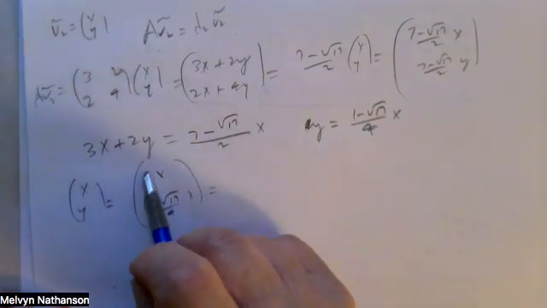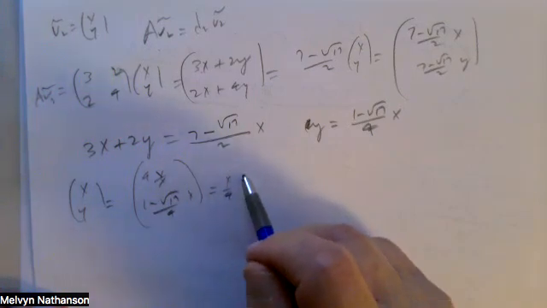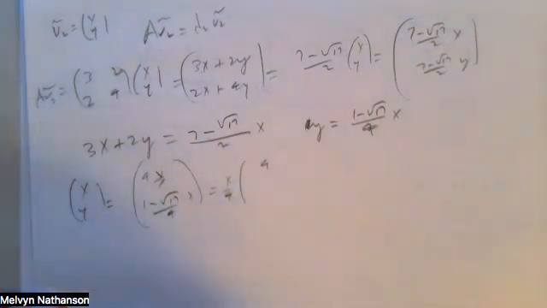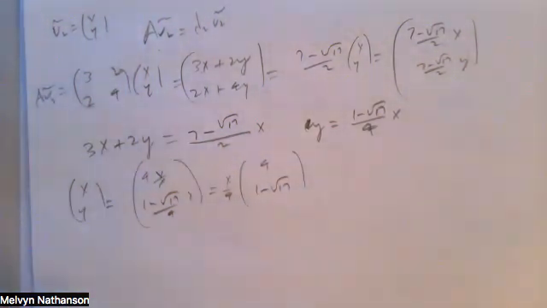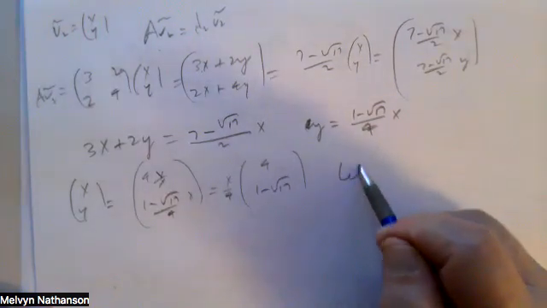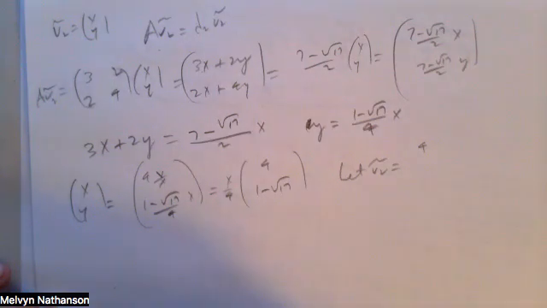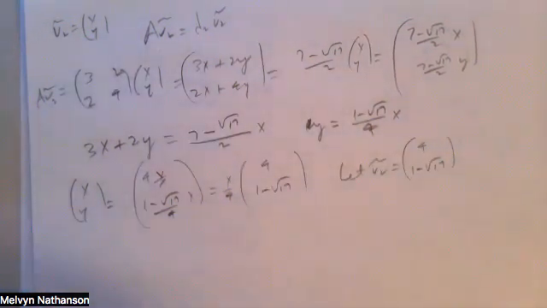I can write this again: if I take out an x over 4, it's that number times the vector (4, 1 minus the square root of 17). So suppose I let v2 tilde be (4, 1 minus the square root of 17).